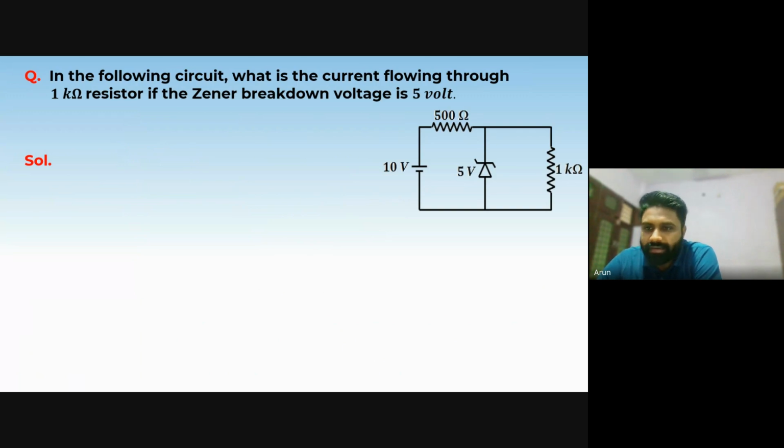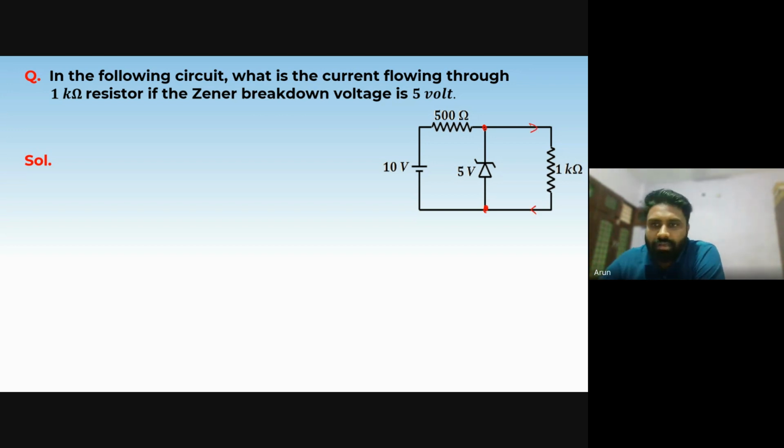Now there is a numerical based on the Zener diode. In the following circuit, what is the current flowing through the 1 kilo ohm resistor if the Zener breakdown voltage is 5 volt? We have to calculate the current flowing through this circuit.